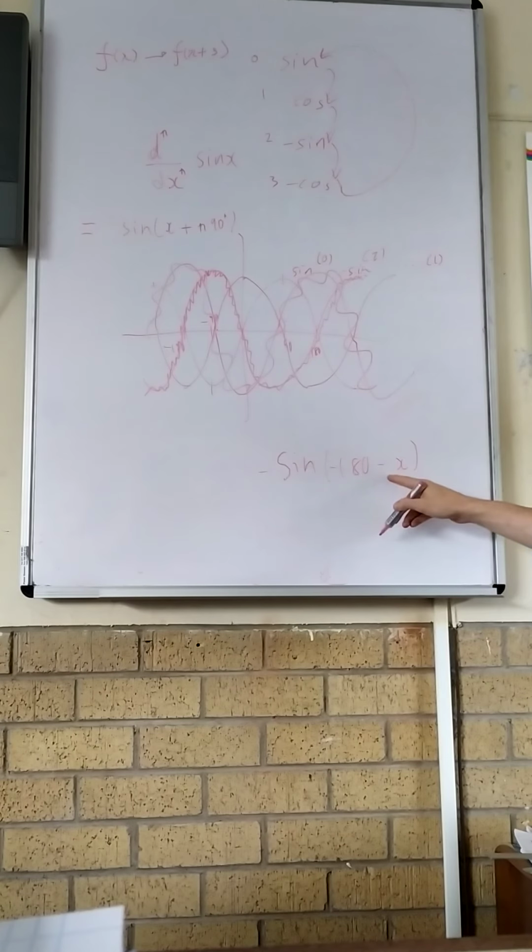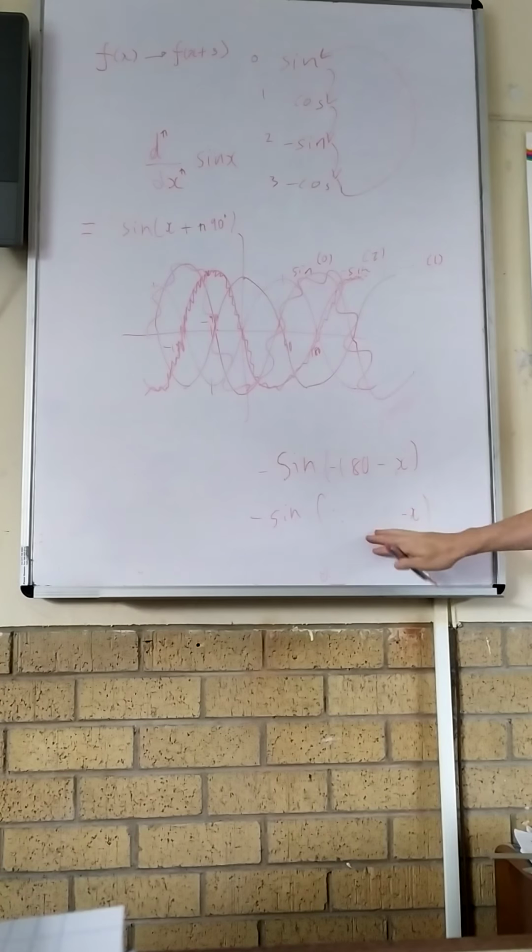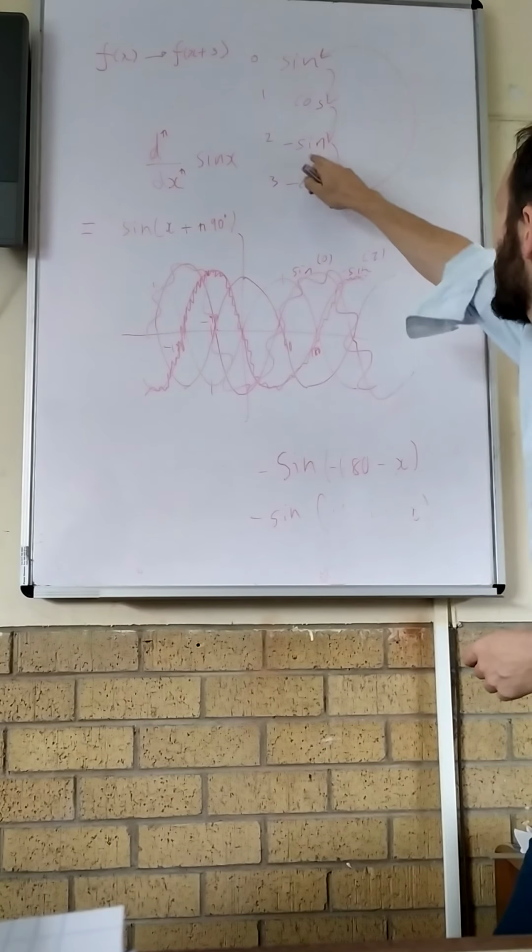Then what can we do here? We're allowed to add 360, so let's add 360 minus 180 minus x. You can add as many 360s to sines and coses as you want. 360 minus 180 is 180, and sine of 180 minus x, I just know that's just sine of x. So it becomes minus sine.